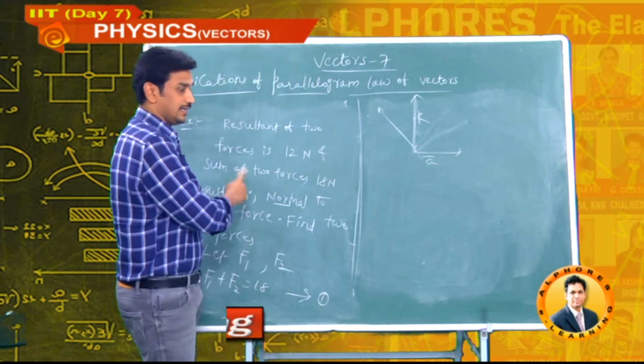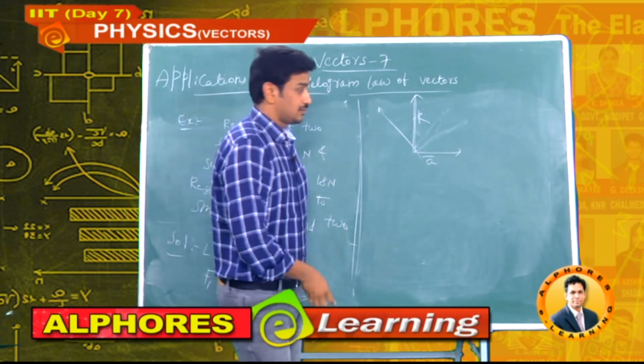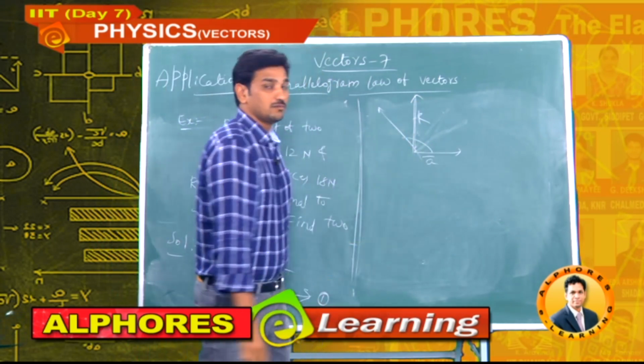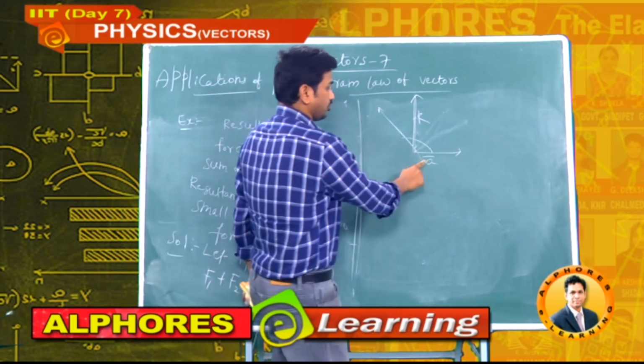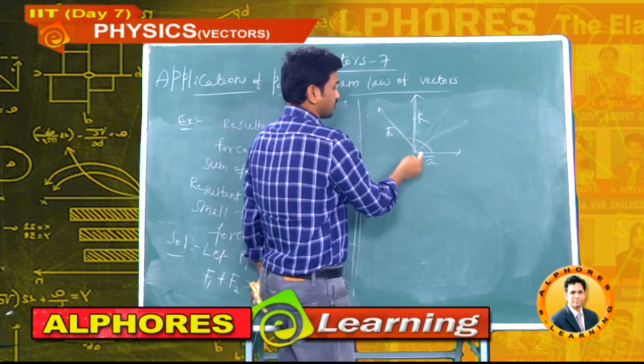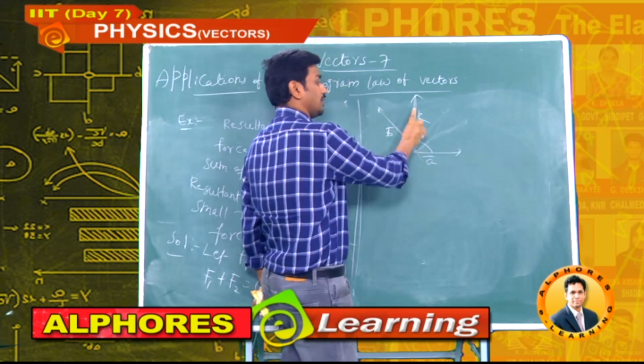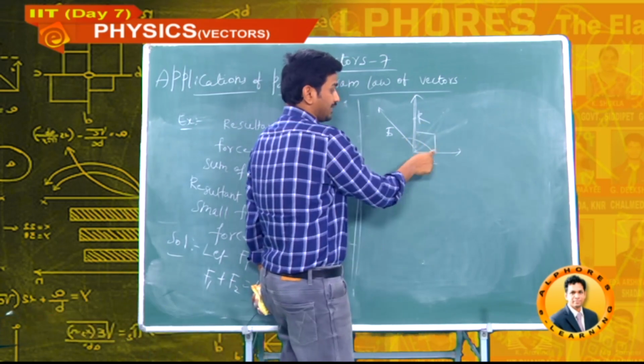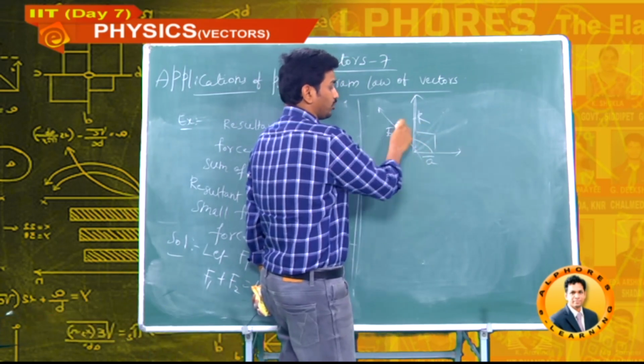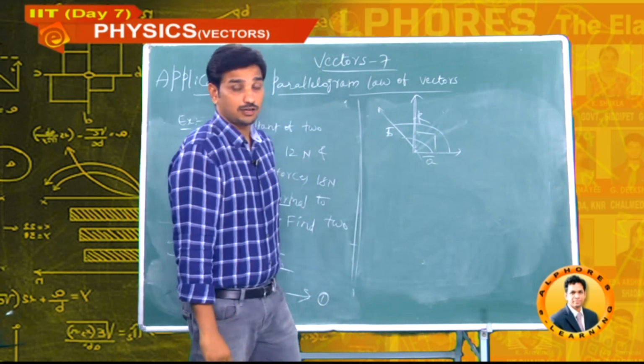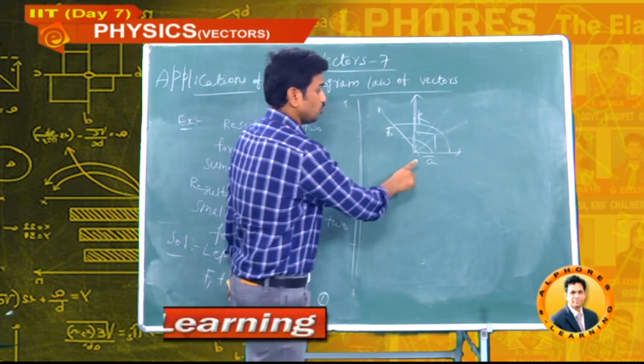Previously we were getting less than 90 degrees. Now the angle between the two vectors is more than 90, because the resultant always lies between them. To get this, the two vectors should be more than 90 degrees, then only the resultant of a bar and b bar is normal to a bar.